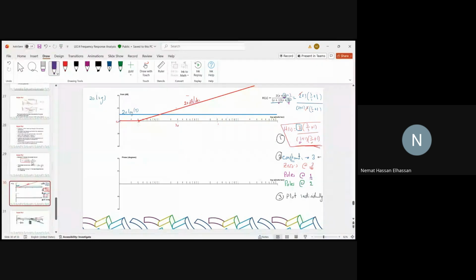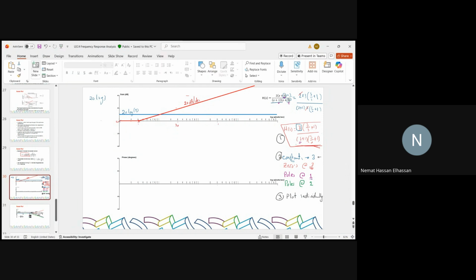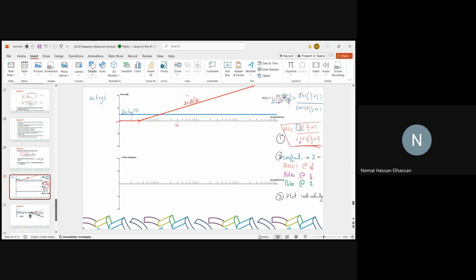So we will have a constant line starting at 1.